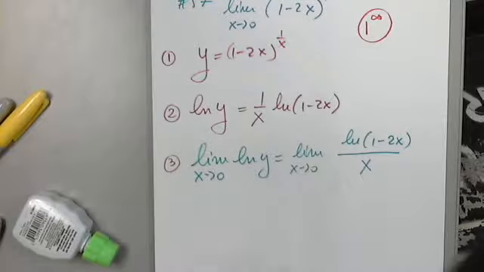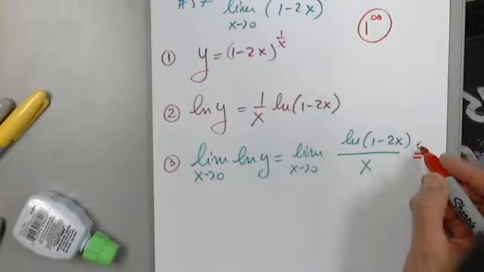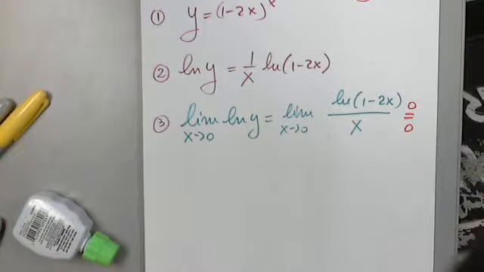What do we get at the top? We get natural log of 1, which is 0. Perfect. What do we get in the denominator? 0. Perfect. After solving that most difficult one, now this looks like a piece of cake.